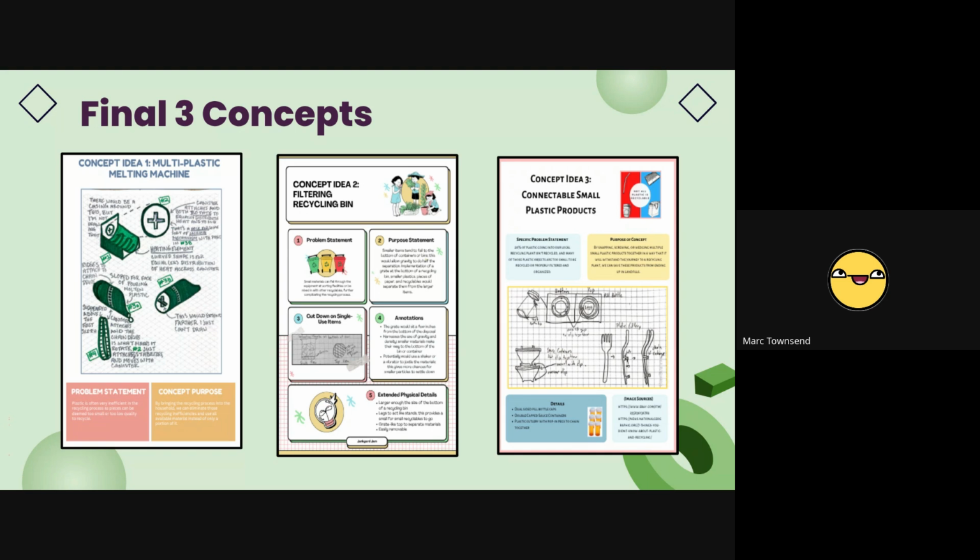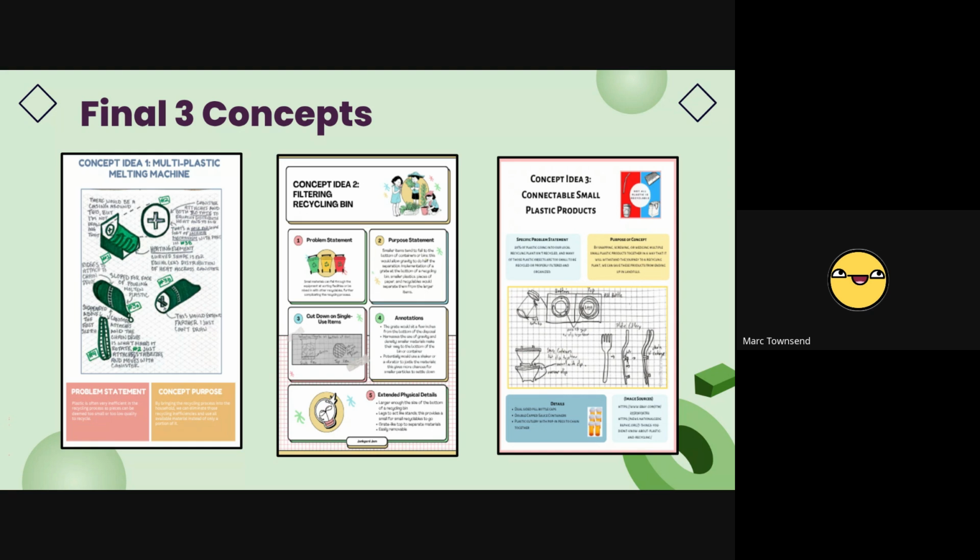And this was the connectable plastic products, which had 3 variations. There were connectable forks that we ended up going with, of course, and those would prevent the forks from being sent to the landfill because when they're consolidated into one, they will be properly recycled.